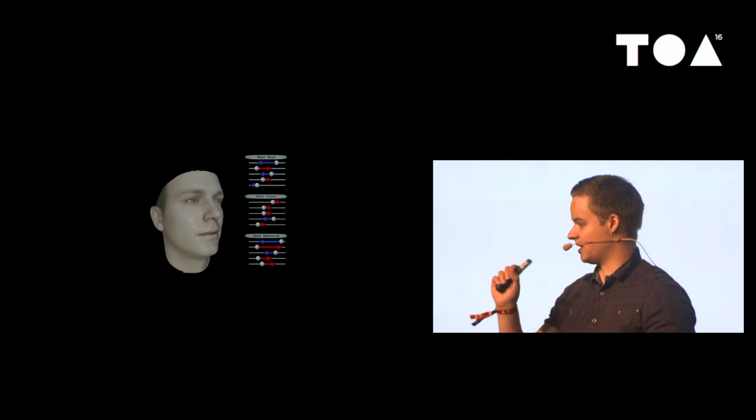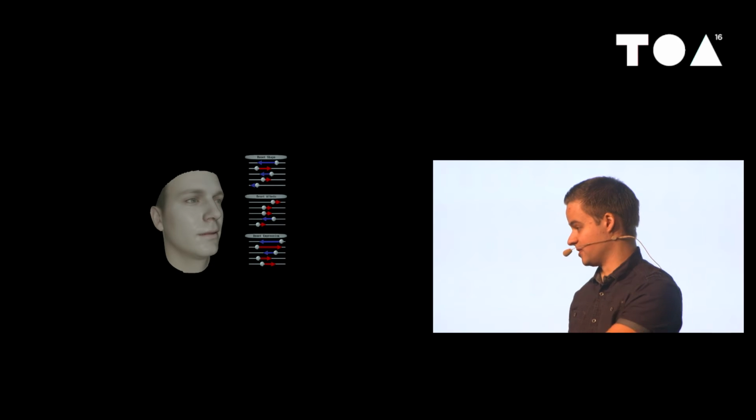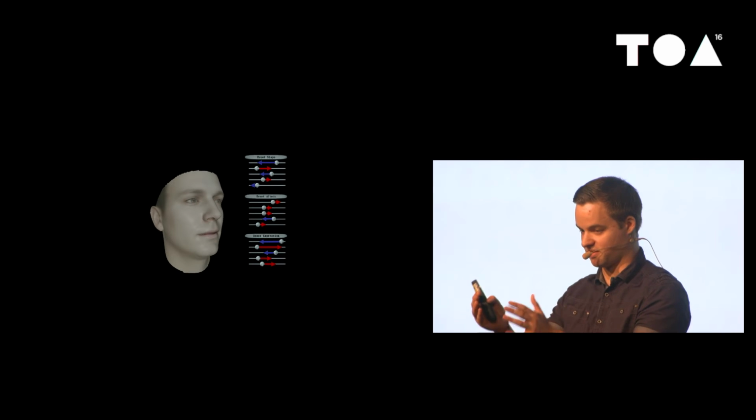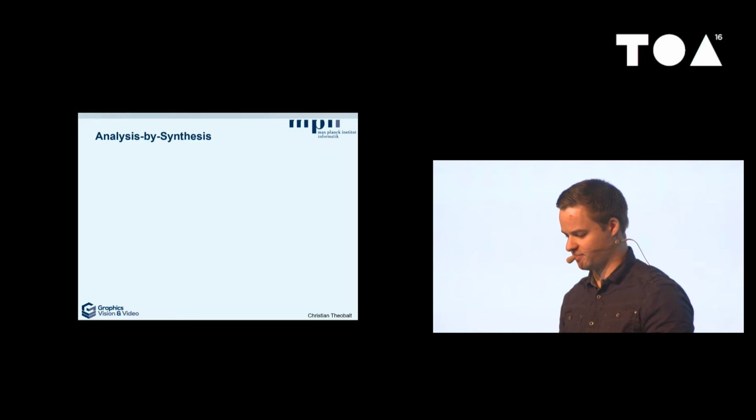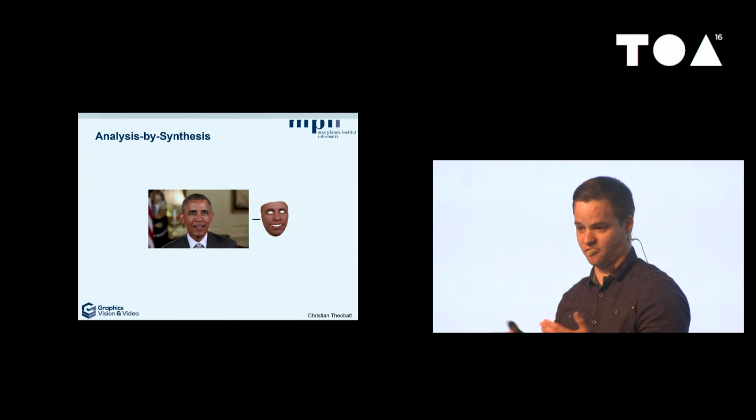Now you can think of what you could do. You could fiddle around with these sliders, but this is tedious and time-consuming. So what we as computer scientists do, we develop algorithms which automatically find suitable slider positions such that the synthetically produced image looks like the input image. And we do this by an approach called analysis by synthesis. We take an input image, we overlay our model, we compare our model based on color to the input image, and we get the difference.